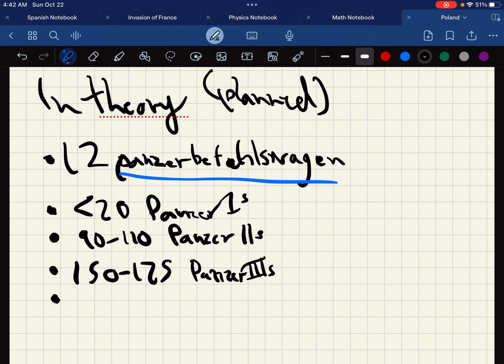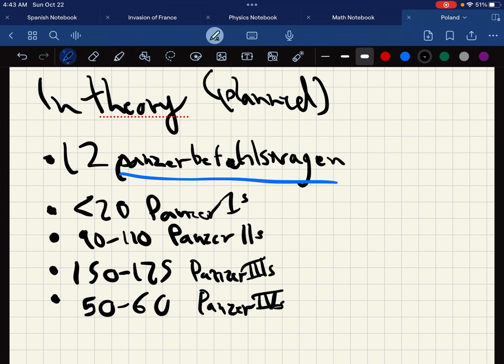And then 50 or 60 Panzer IVs, which were the biggest heavy tanks that were in existence.